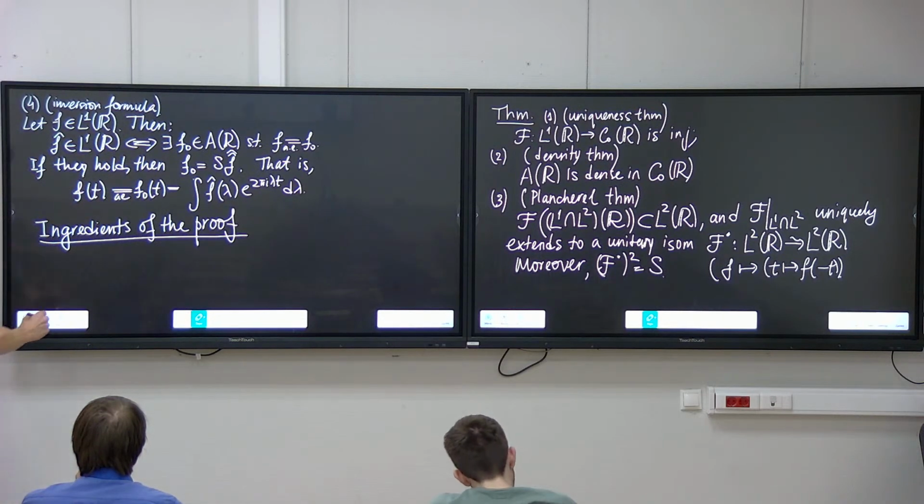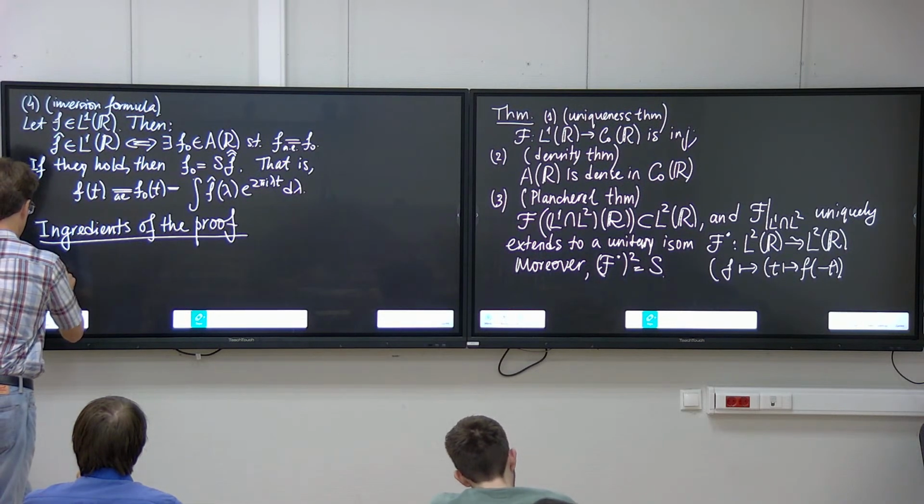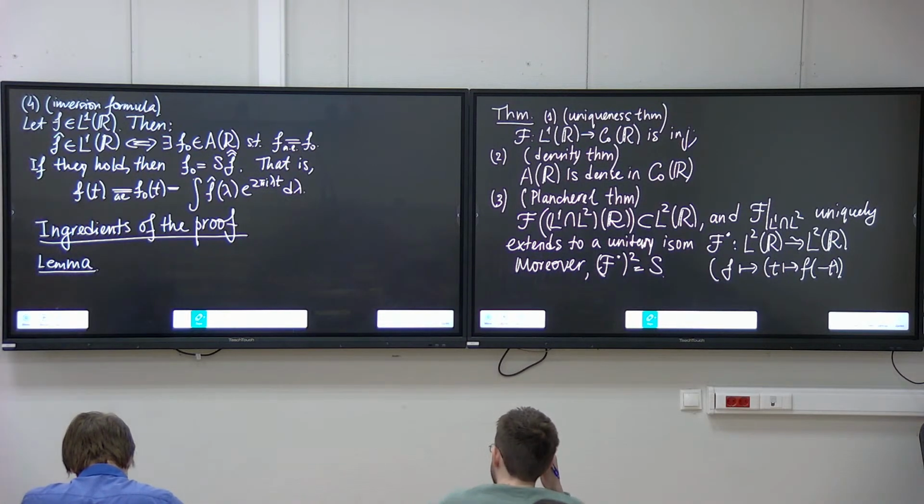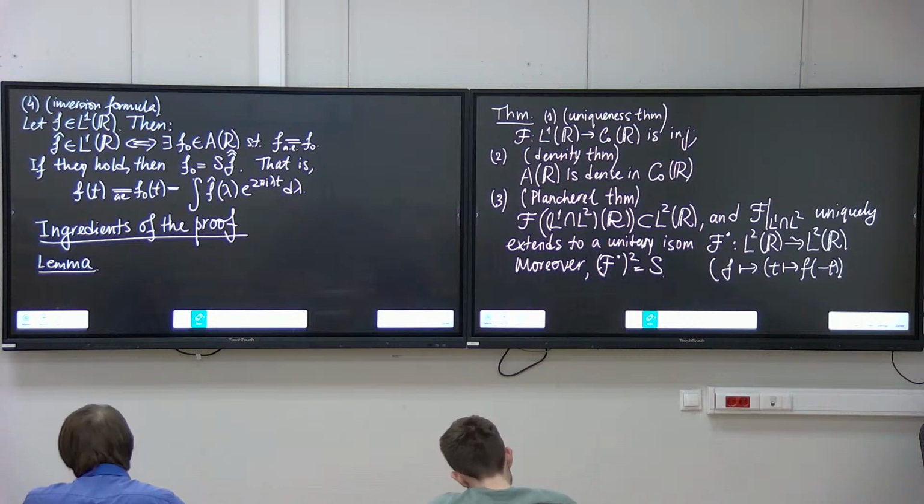First of all, we need the following standard lemma, which you probably know from your calculus course, and which relates the Fourier transform to the derivative.